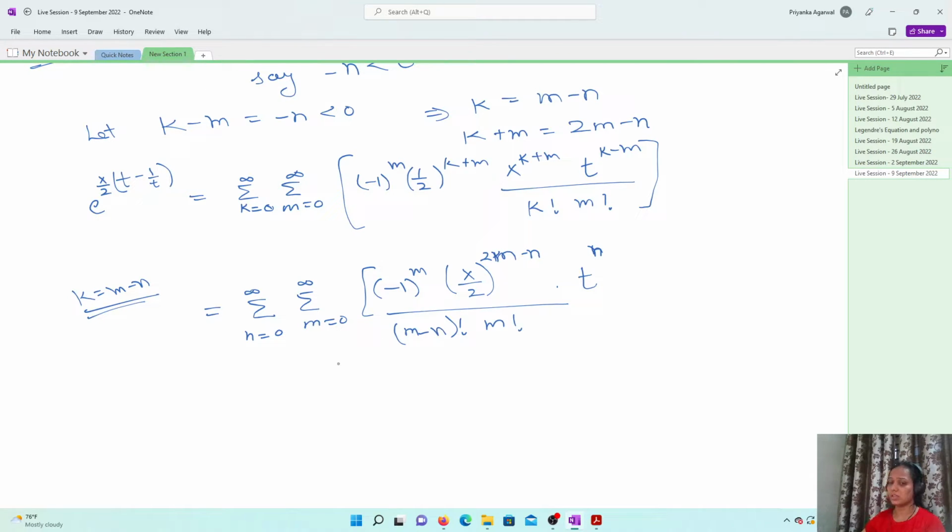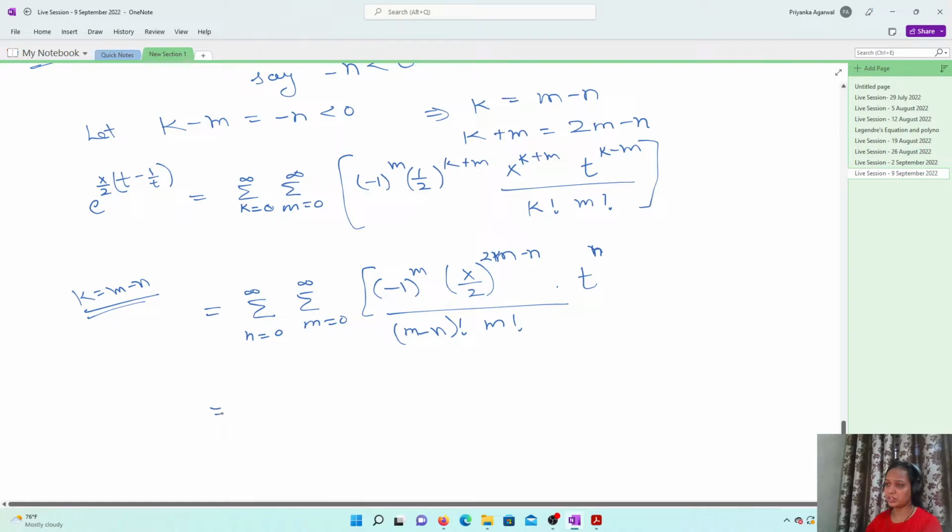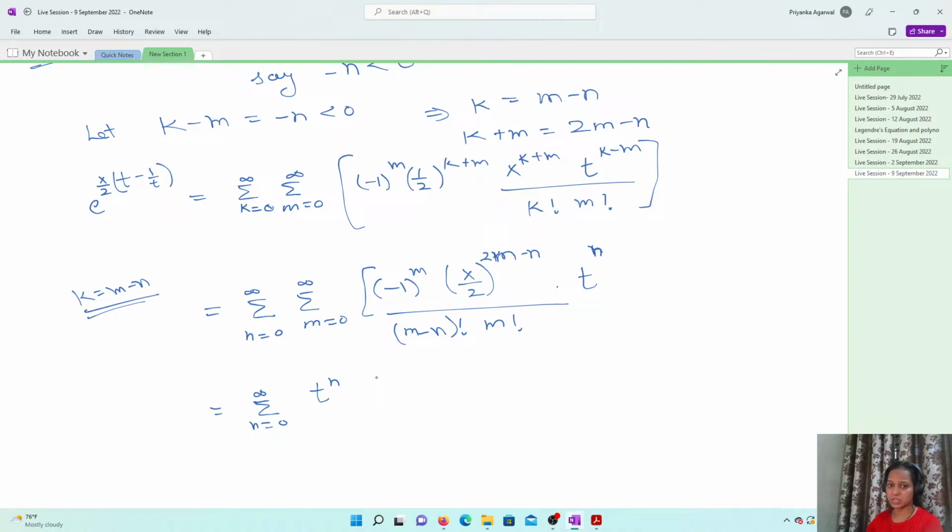N minus n factorial. Great. Now in a similar way, what can we do? Summation n equals 0 to infinity, take t to the power n outside. Okay, k minus n is not minus n, not n, right?